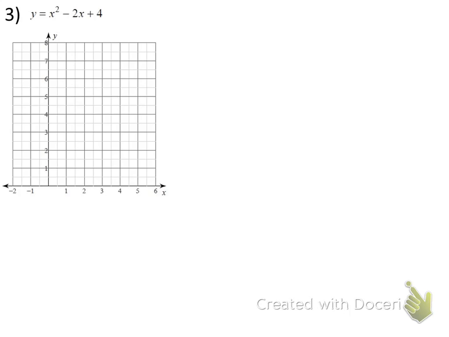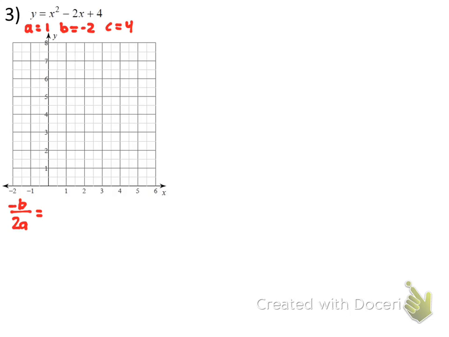Okay, number 3, we know A is equal to 1, B is equal to -2, C is equal to 4. Okay? Next step, you want to figure out what's negative b over 2a. So you start with negative b over 2a.